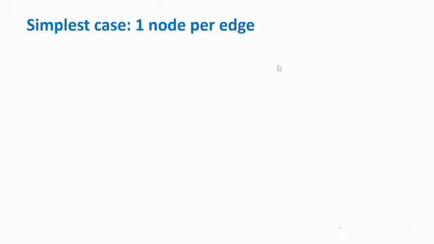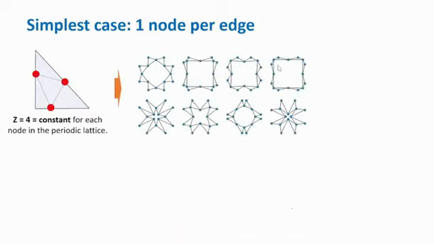The simplest case to which we applied our approach is one node per edge. So we have one red boundary node per edge with z equal to 4, where z is the connectivity, the average number of beams connected to each node, and it's equal to 4 if you generate the unit cell by reflecting the triangle and then tessellating the space.